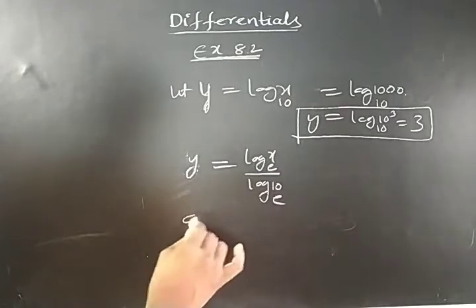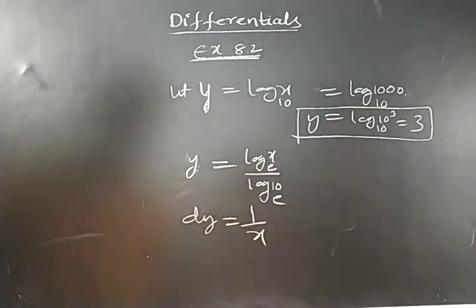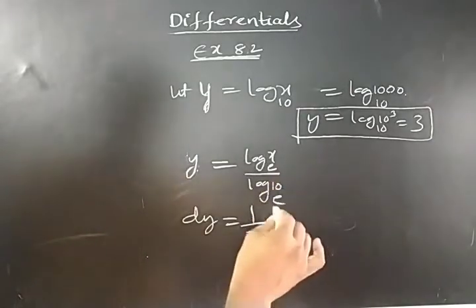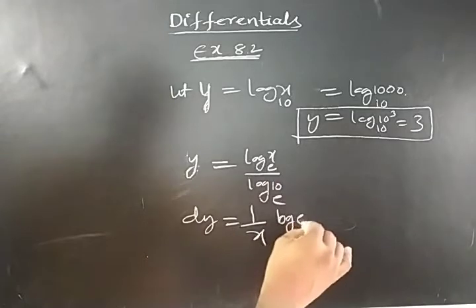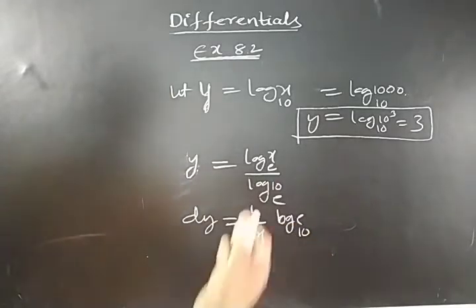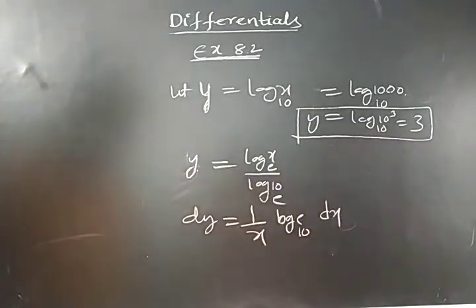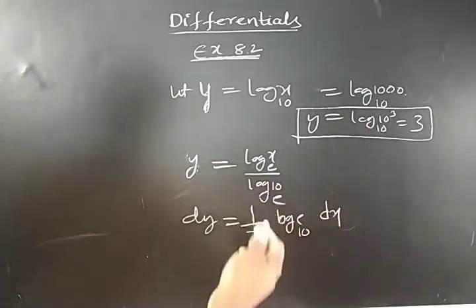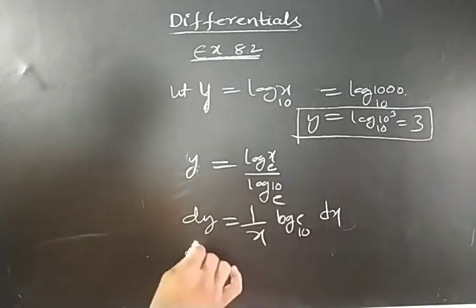Now differentiating, dy equal to log x derivative 1 by x, and this is a constant, we can write as log e base 10, and log x derivative 1 by x, again x derivative dx. Dx is nothing but delta x. So dx is given and x is 1000 and this value is also given. Now I am substituting here to get dy.